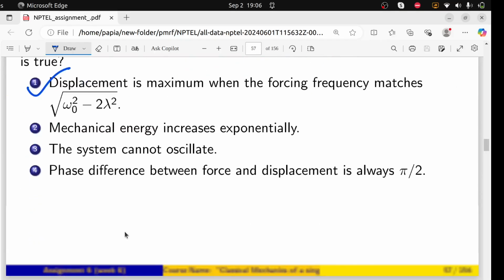Mechanical energy increases exponentially. No, how can we conclude that one? So this is not correct. The system cannot oscillate.